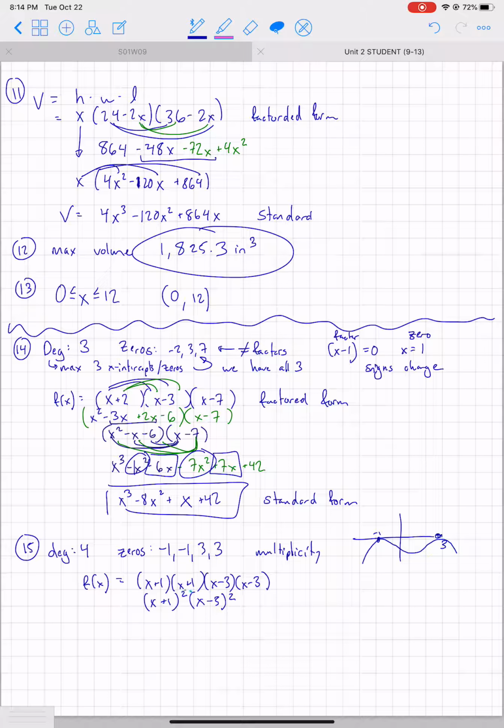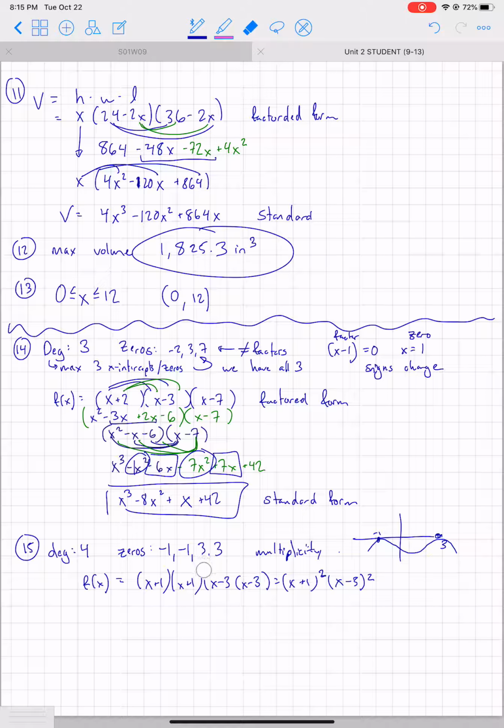But if we do that, then distributing is going to be more difficult. So I'm going to move this over here. Somehow it stole those parentheses. All right, so let's deal with it here.